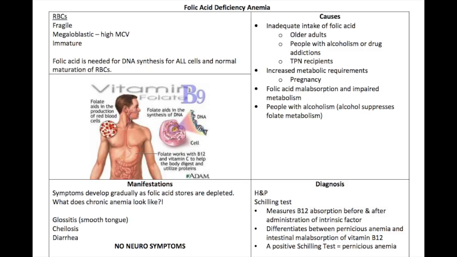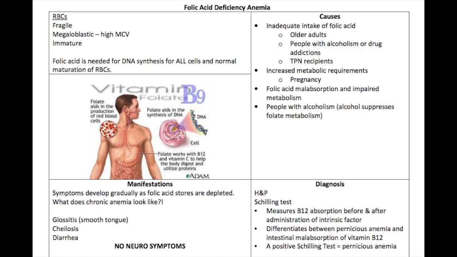So alcohol suppresses the folate metabolism. That's why it's more commonly associated with folic acid anemia. But chronic alcoholism can also be associated with iron deficient anemia. If you look at the manifestations, these develop gradually as your folic acid stores are depleted.